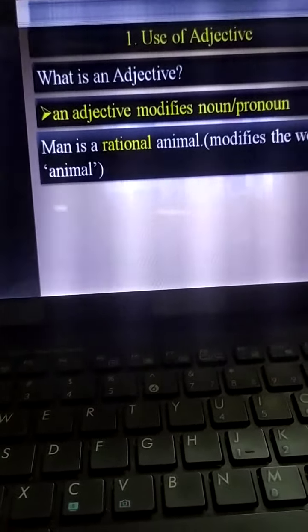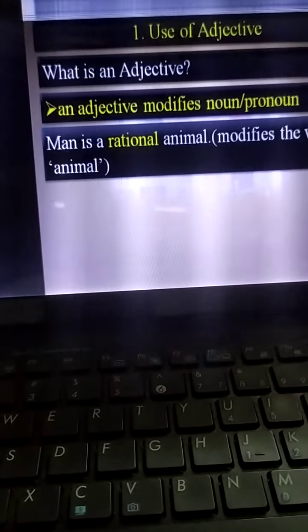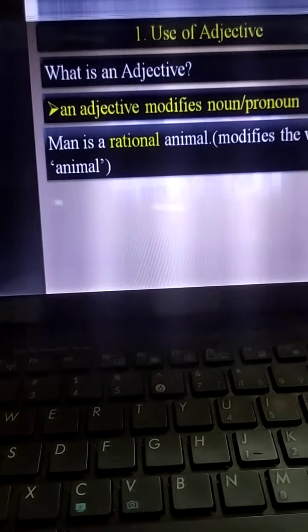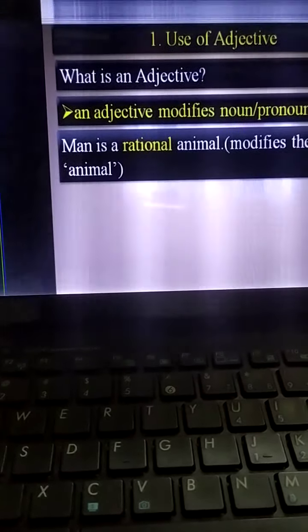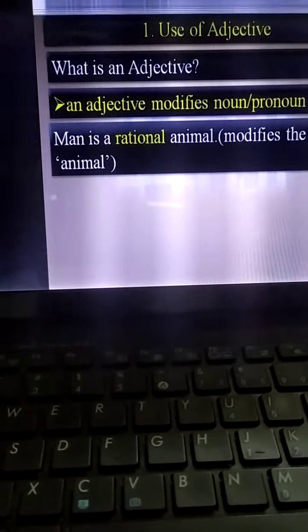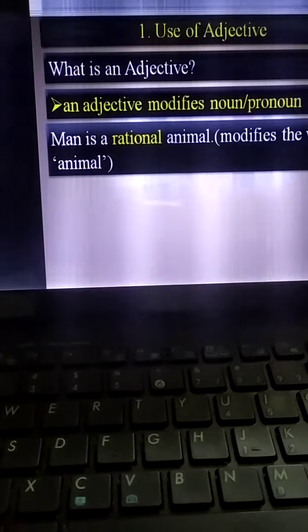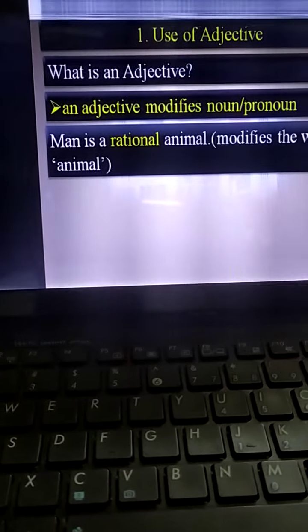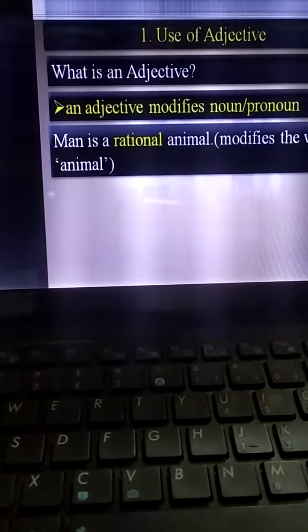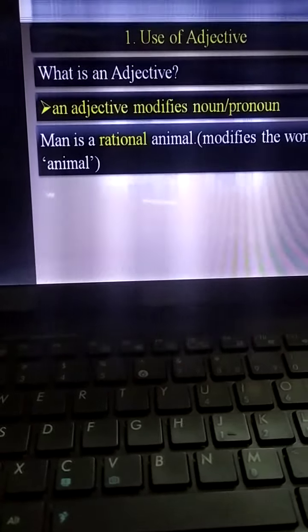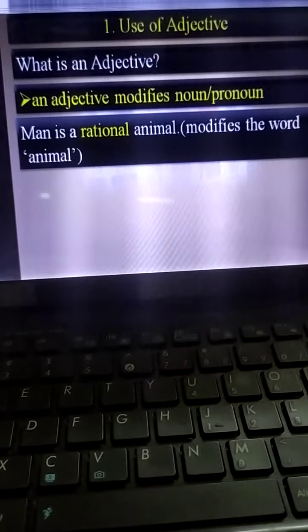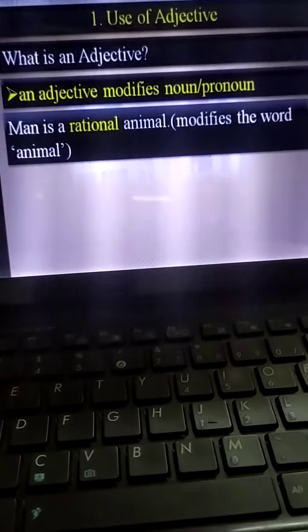The word rational is an adjective, and the word rational modifies the word animal. According to the definition, the word which modifies a noun or pronoun is an adjective. Here the word rational modifies the word animal.